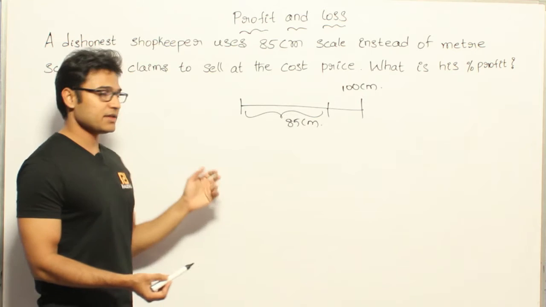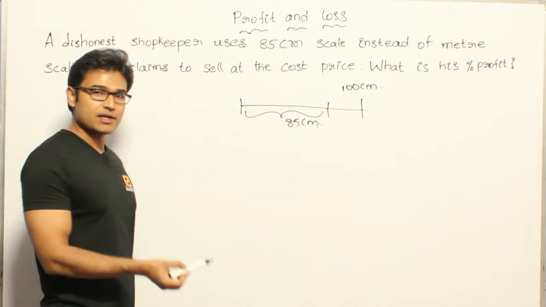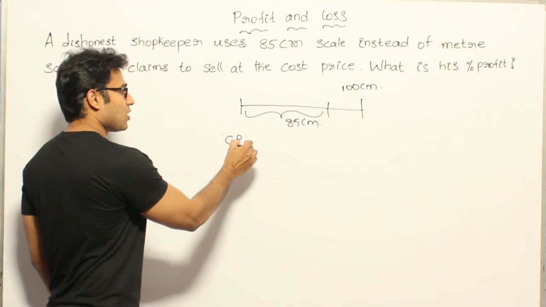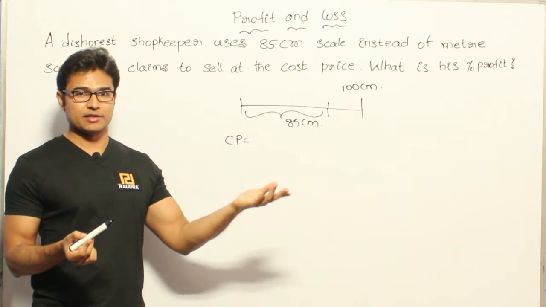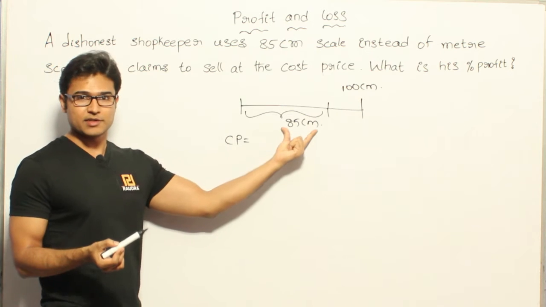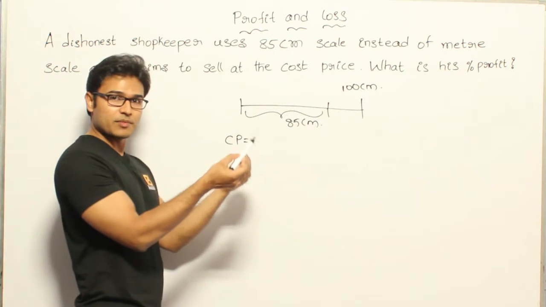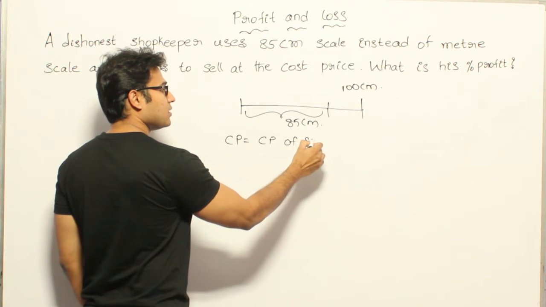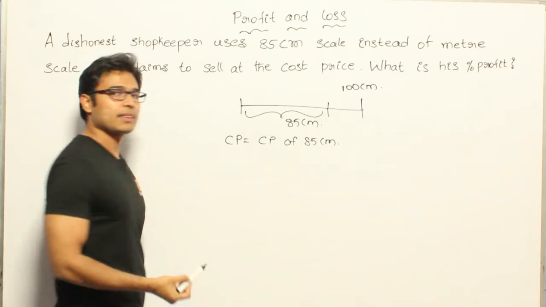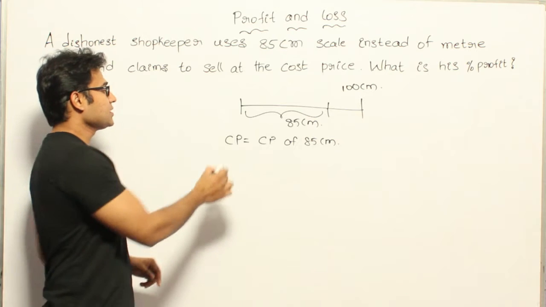So how to analyze this one is, from his side what will be the cost price? Cost price is nothing but the actual cost of the goods he is selling, isn't it? Now he is actually selling 85 centimeters, therefore from his side the cost price is the cost price of 85 centimeters, right? Now what is the selling price?